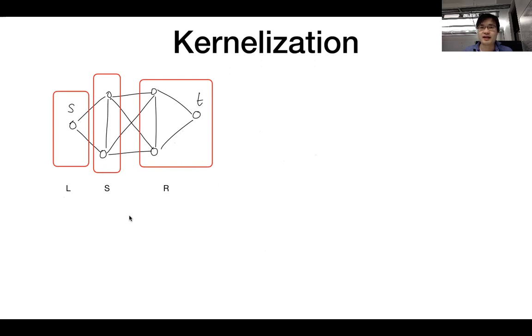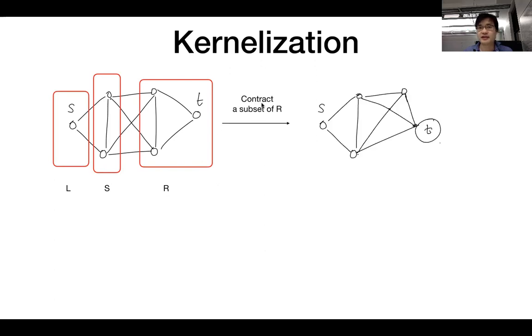First, we contract some subset of R. In this case, one subset would be something like this node T and this node at the bottom here in R. So we contract these nodes inside of R, and then the optimal separator still remains in the resulting graph.